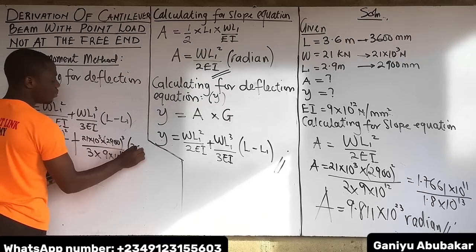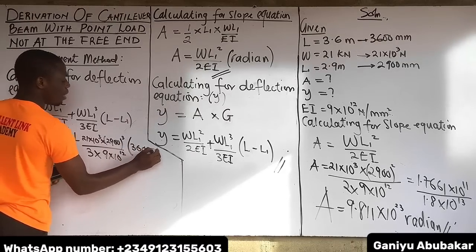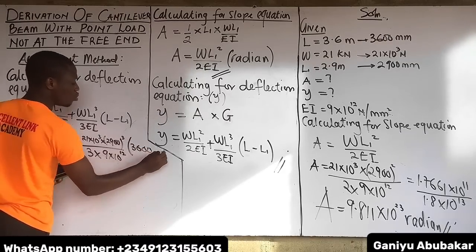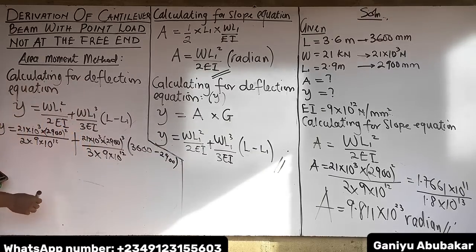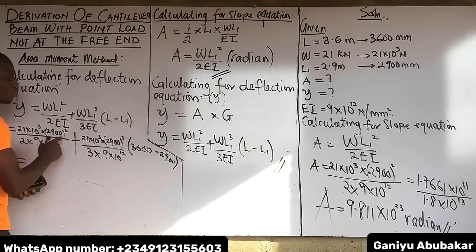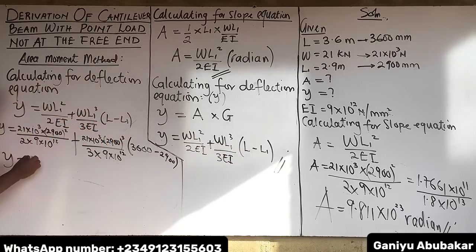That's 3600 minus L1, that's 2900. So simplifying this first one alone, I'll have y is equal to 9.81 times 10 to the power 23 as the answer to this one here.